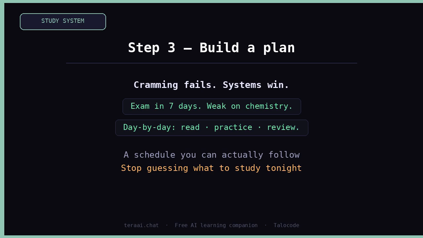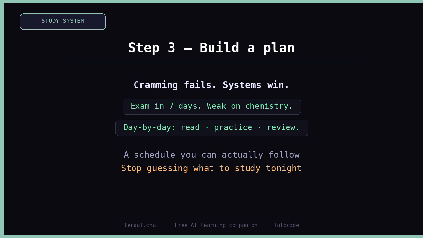Here's an advanced technique. Don't just ask for one explanation. Ask for multiple analogies and compare them. Try this: "Give me 3 different analogies for gravity. Which one explains it best for a 10-year-old?"